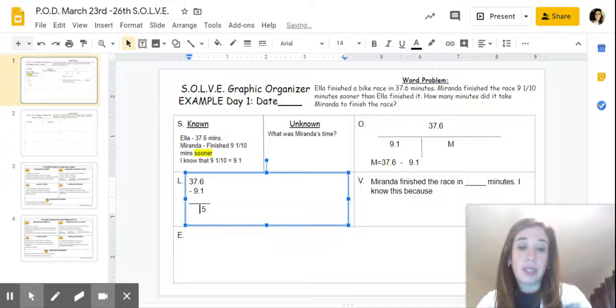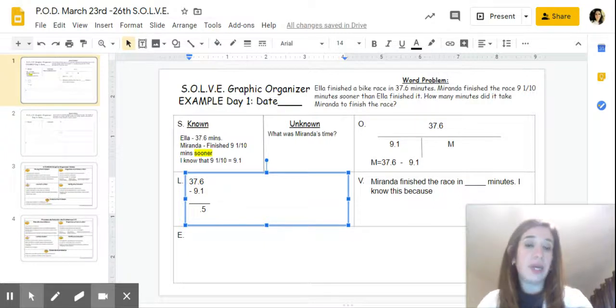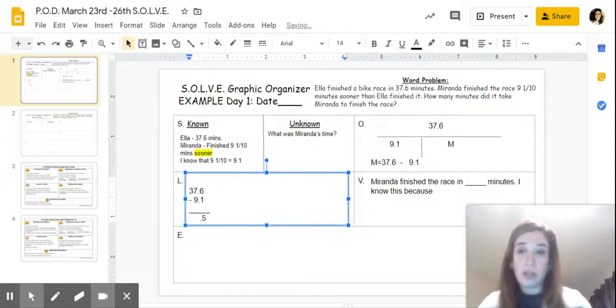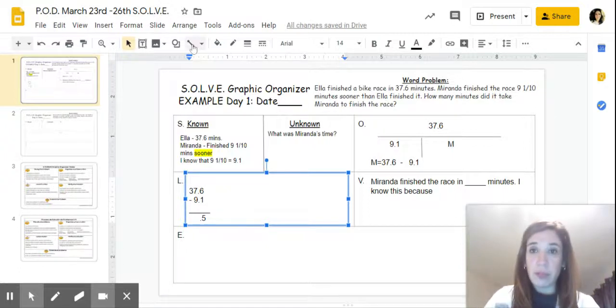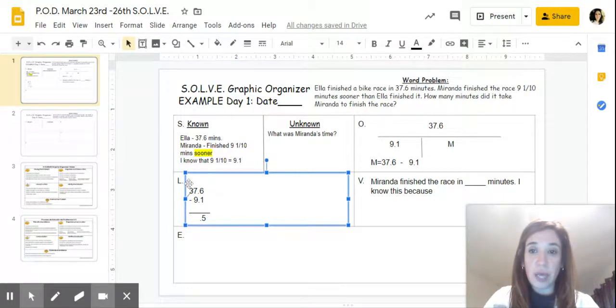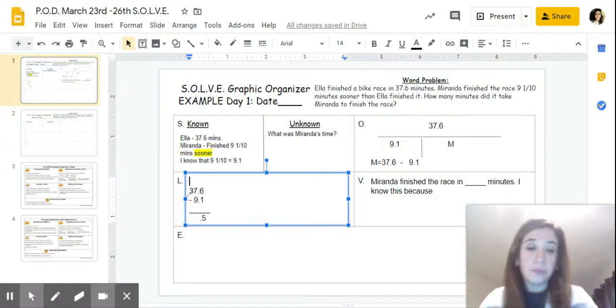And then 7 minus 9. I know I cannot take 9 from 7. So if you all wanted, just so that it makes a little more sense, remember you have these up here that you can use, right? I know that I'm going to have to regroup from my 3. So I'm taking from 3. The 3 is going to turn into a 2, right?